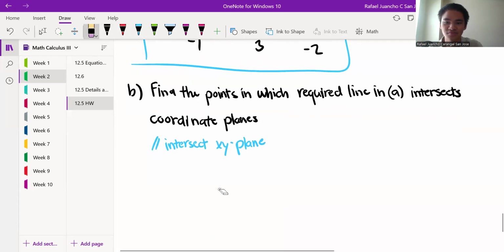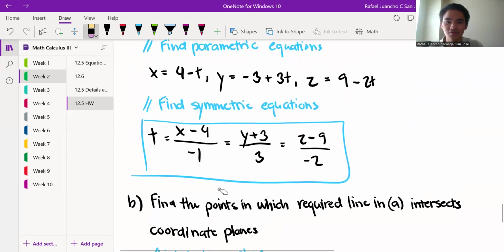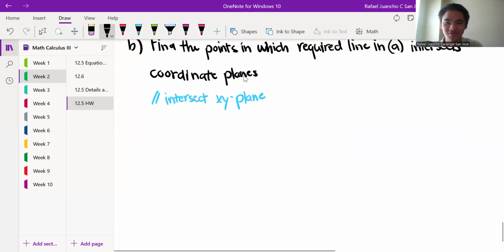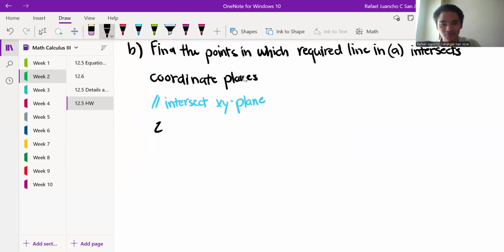That's the only condition. So we're going to find a time t when z is 0, and then plug that time in for x and y.